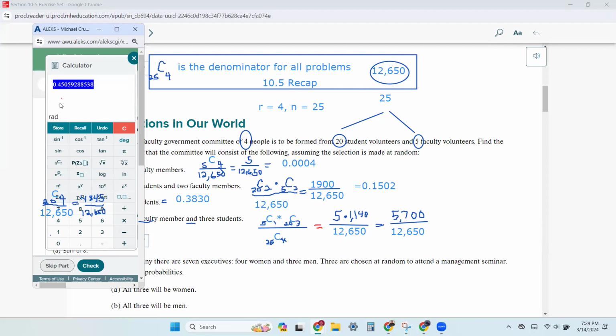And that's 0.45. So we're rounding after that to 4 decimal places. So this is going to be 0.4506. And there we go.